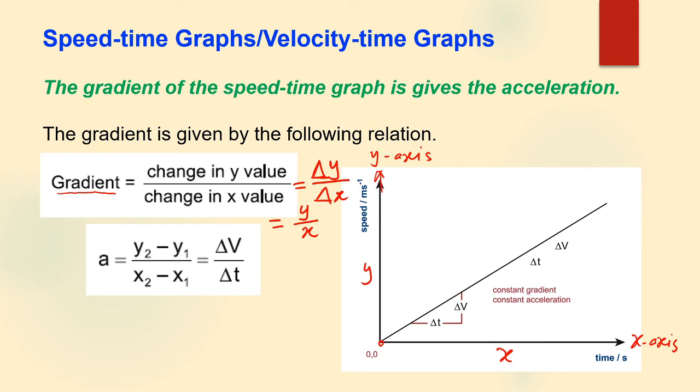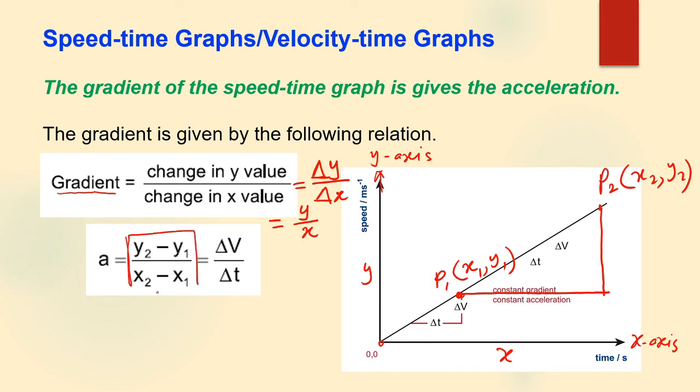But if we want to calculate acceleration in between these 2 points, P1 and P2, if P1 is having coordinates x1 and y1, and P2 having the coordinates of x2 and y2, then acceleration between these 2 points can be calculated by the gradient of the graph by using this relationship.